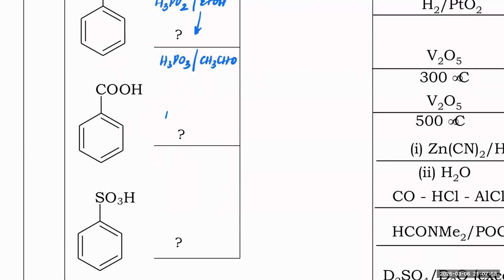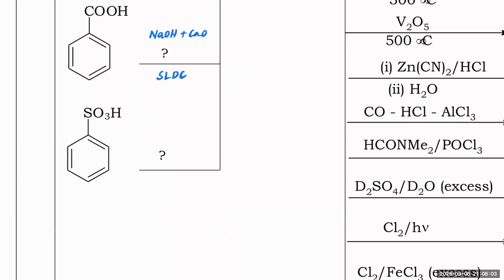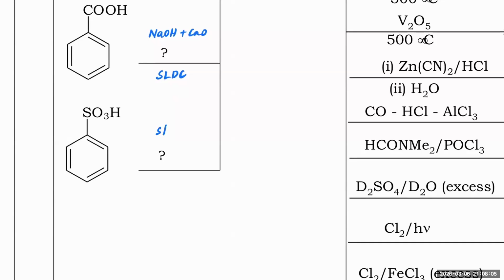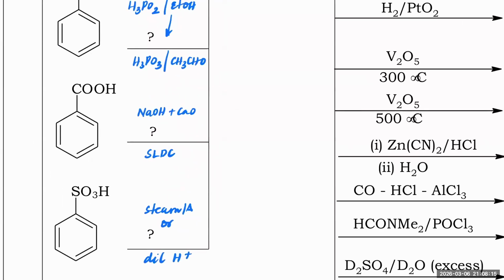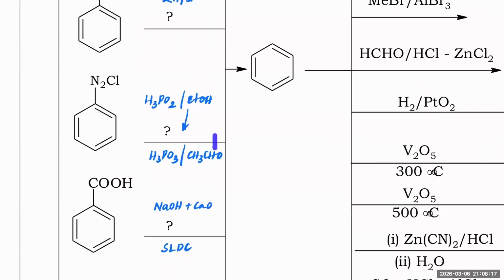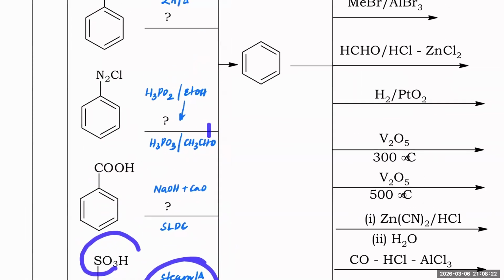Carboxylic acid, we learned that we can use NaOH and CaO, which we call soda lime decarboxylation, through which we can get benzene. Next, sulfonic acid, we learned that either we can use simply steam and heat, or we can simply use dilute H plus. So it is a desulfonation reaction. It's a reverse reaction. The SO3H will go away and you will get benzene.